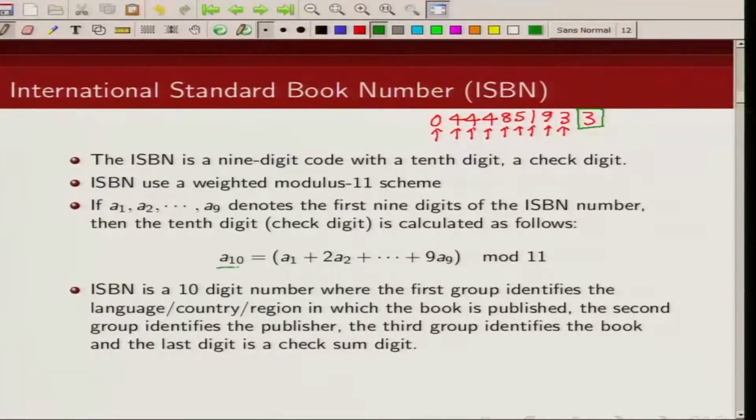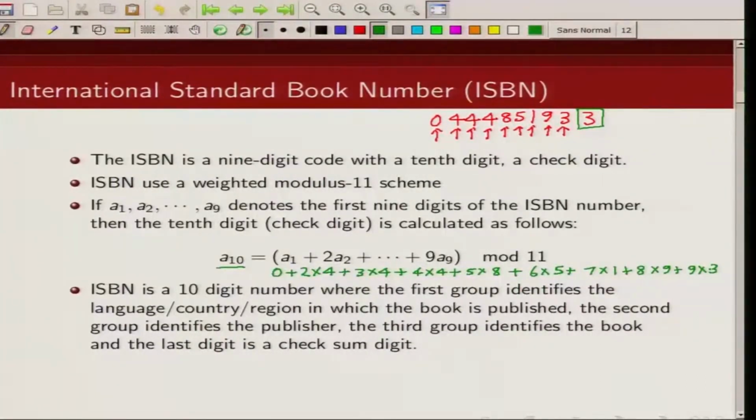So, how is the check digit calculated? It is A1. So, A1 in this case is 0, plus 2 times A2 that is 4, 3 times A3 that is 4, 4 times A4 which is again 4 plus 5 times A5, 6 times A6, 7 times A7, 8 times A8 and 9 times A9.